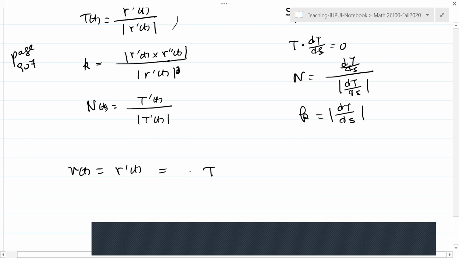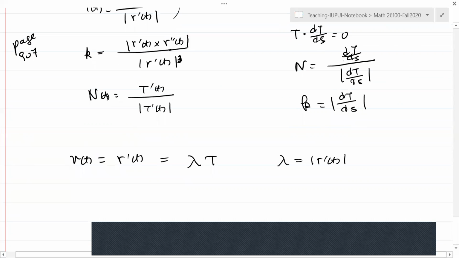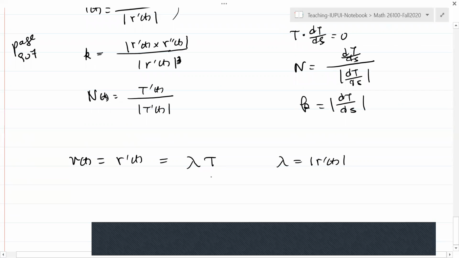I'm going to call it lambda. Lambda is the length of this vector, which is actually the speed. And T is the unit tangent.